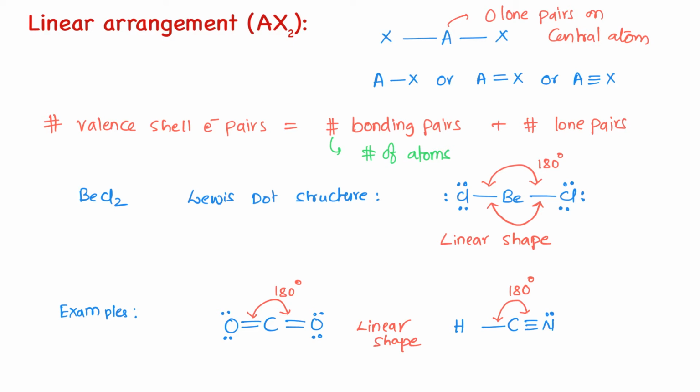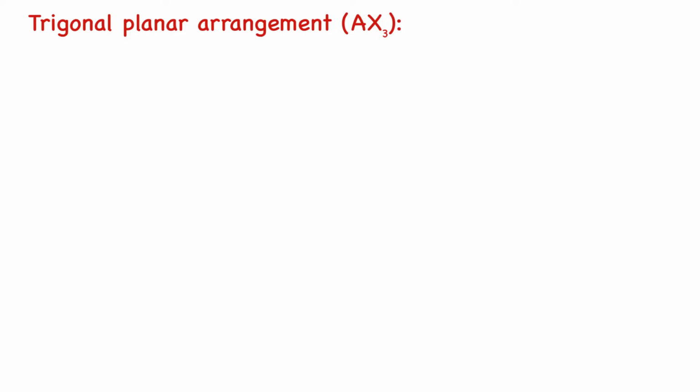The next type of molecule is AX3, that is, the central atom has 3 terminal atoms with 0 lone pairs on it. So the total number of valence shell electron pairs on the central atom is 3, and all of them are bonding pairs.